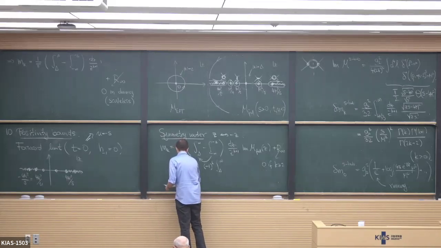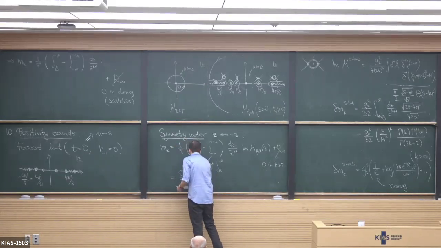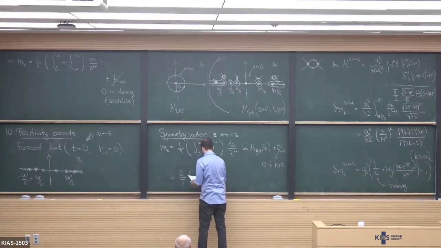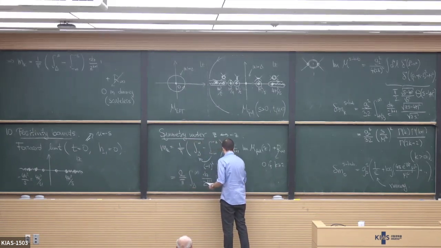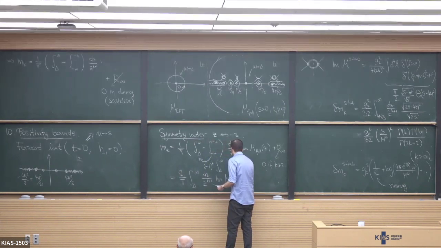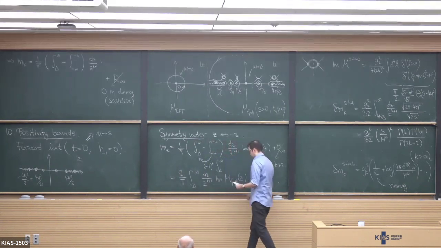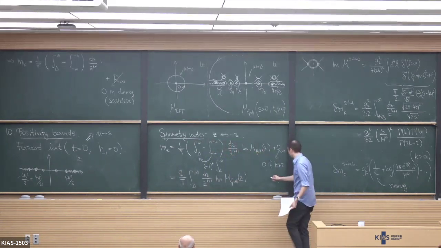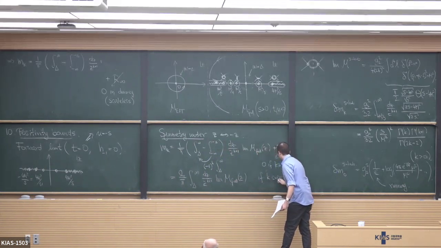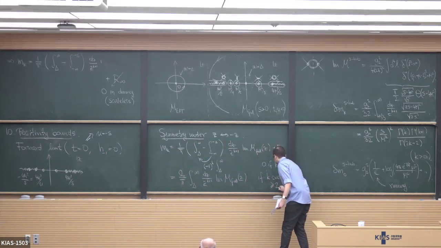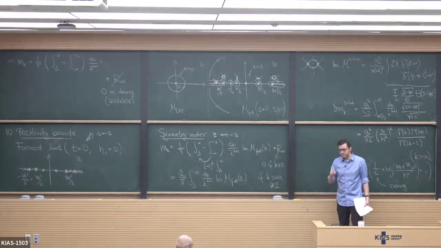I'm going to get 2 divided by pi and the same integral. Okay, so this is if k is even and at least 2. I can write this identity.